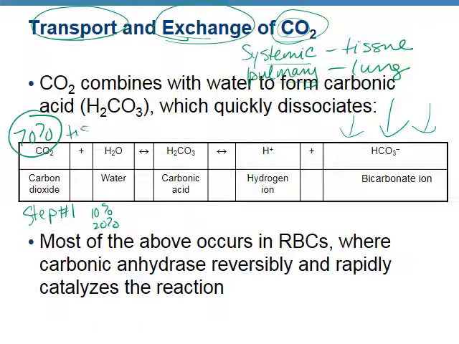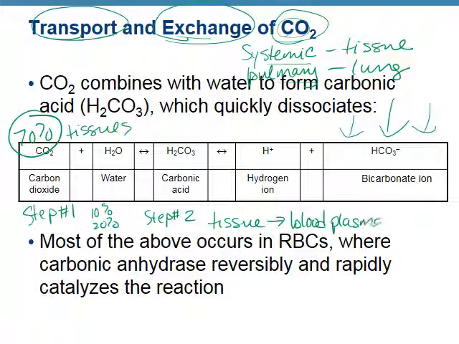Then tell me in the tissues, so step two, go from tissue to blood, or you could say blood plasma. So tell me the tissues make CO2 and water, it gets turned into carbonic acid, which gets broken down into bicarbonate and hydrogen ions, and these guys are traveling in the blood plasma.